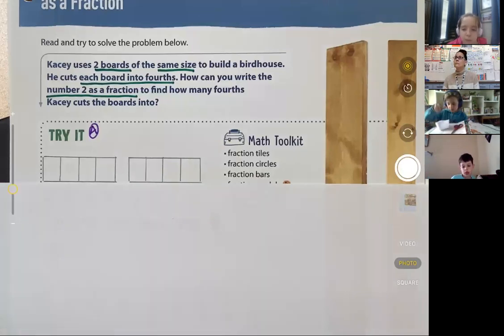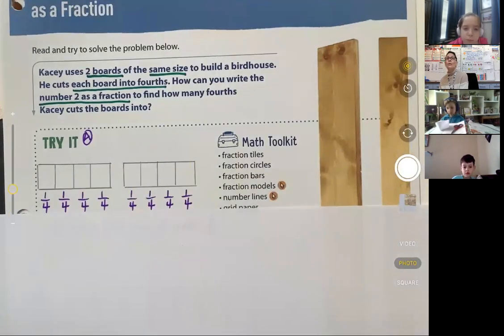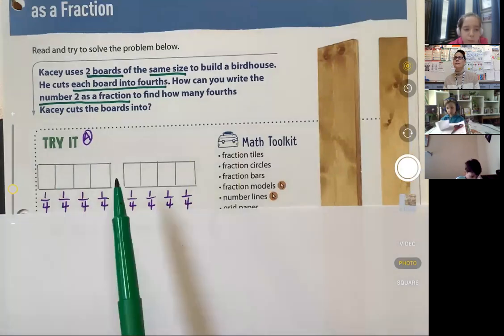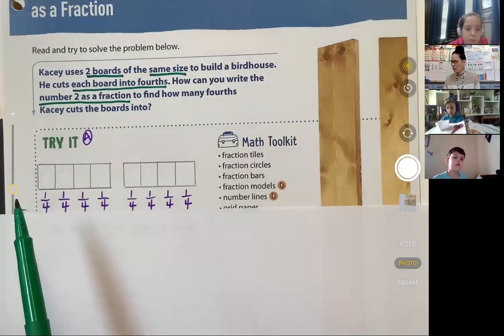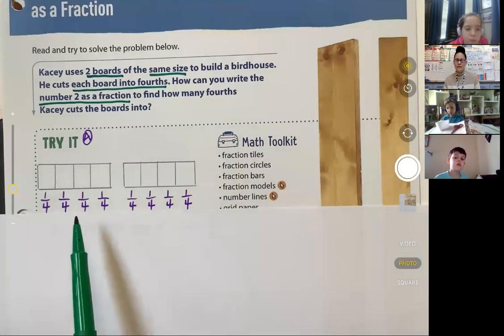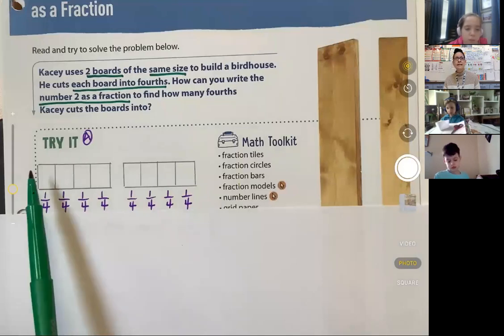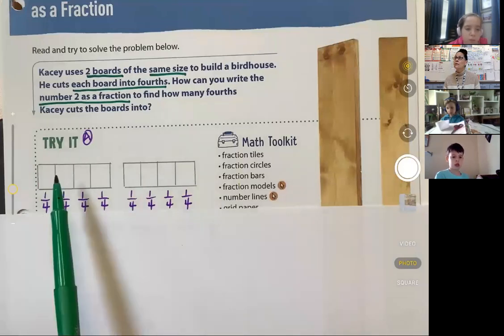So let's do that. We know that each section here is 1/4, 4, of course, being that denominator, telling us how many pieces are in the whole.